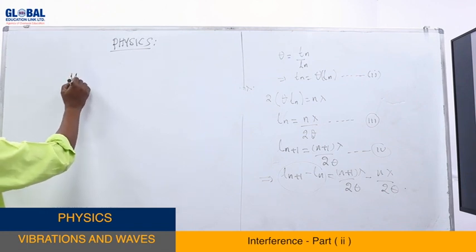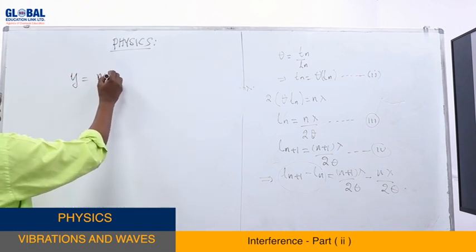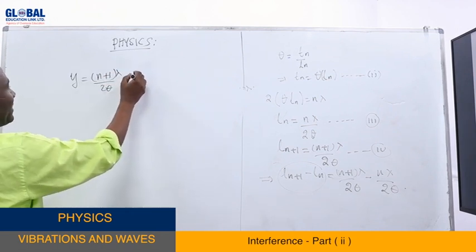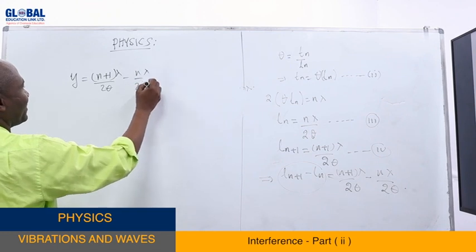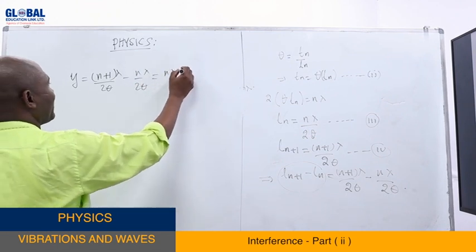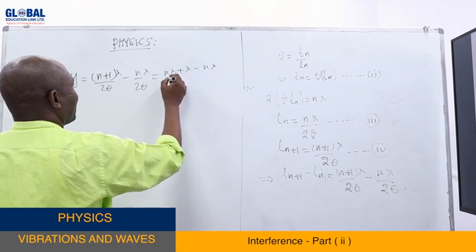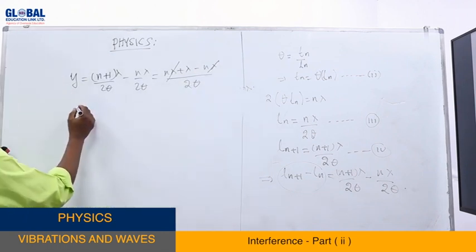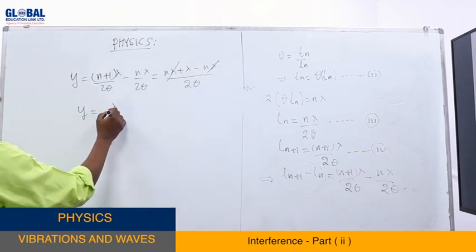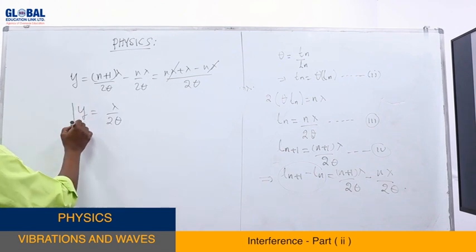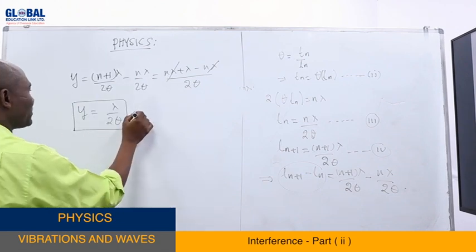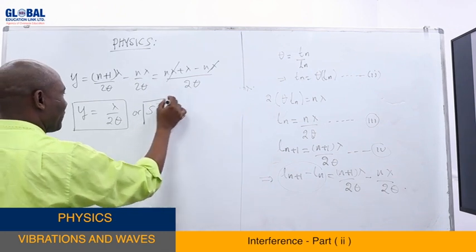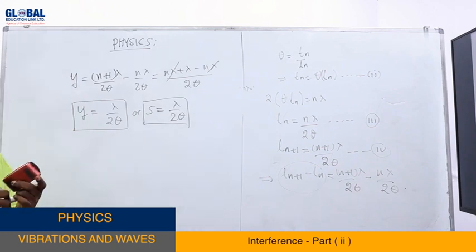So y equals n plus 1 lambda over 2 theta minus n lambda over 2 theta. Open the bracket: this will be n lambda plus lambda minus n lambda, the whole of this under 2 theta. The n lambda will cancel out, and we come up with the formula for the fringe separation as lambda over 2 theta. In other books, they normally use S equals lambda over 2 theta. So this is the formula for finding the fringe separation.